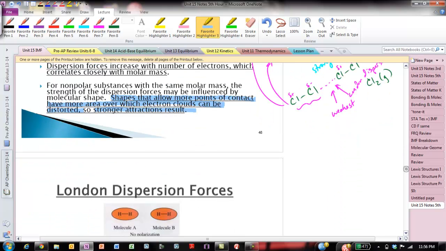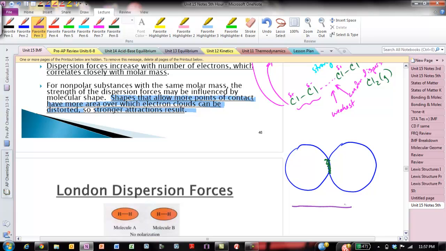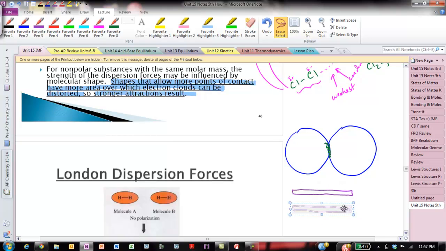So I want you to think about it this way. On the shapes, if we have a sphere here and a sphere here, the most they can touch each other is right in there. But if you have a rectangle there, and another rectangle there, they can be attracted and touch each other all along this connection.